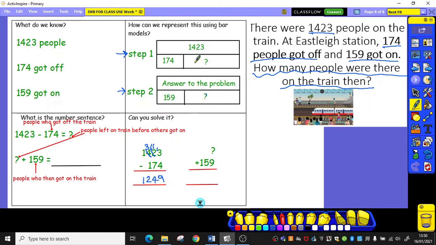So my answer here was 1,249 people. That's the amount left on the train when 174 get off.